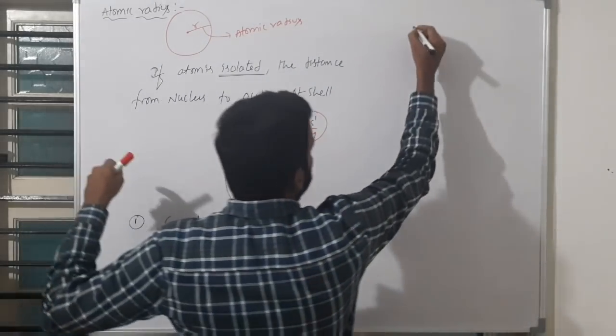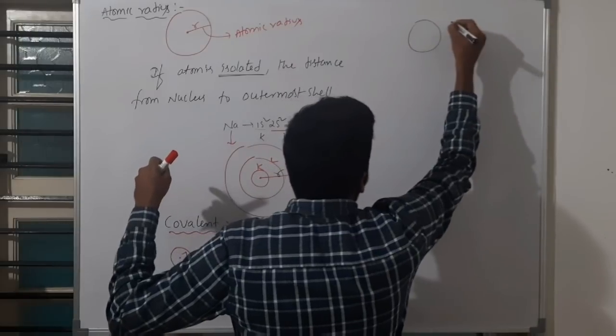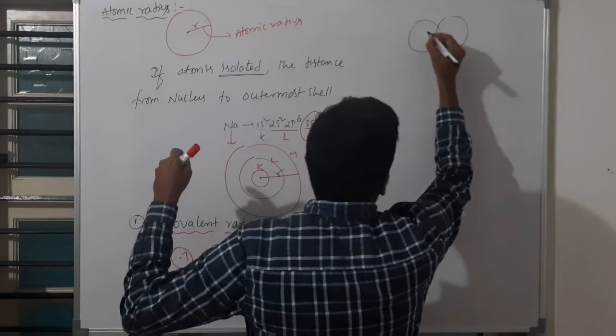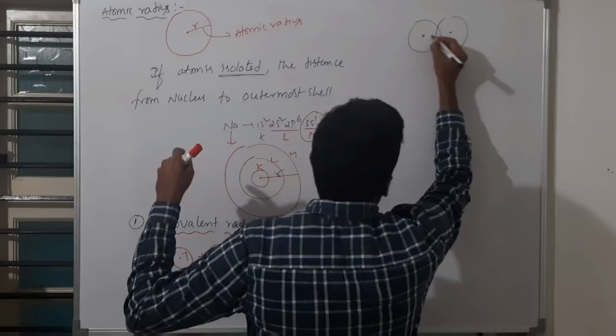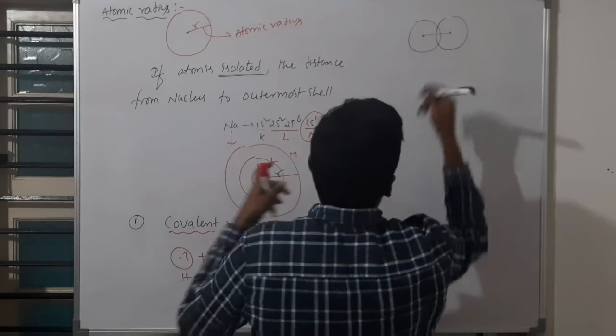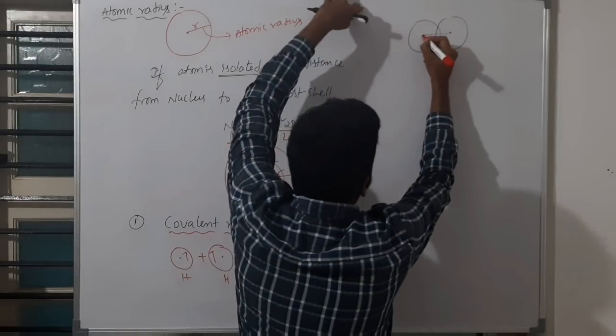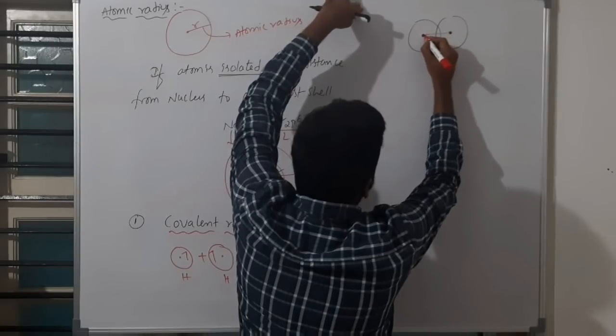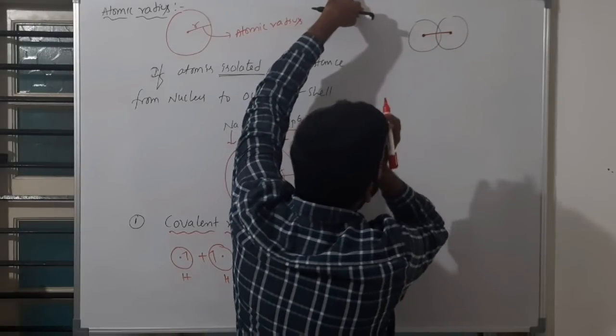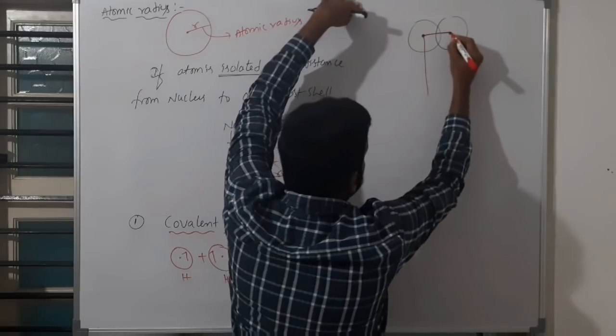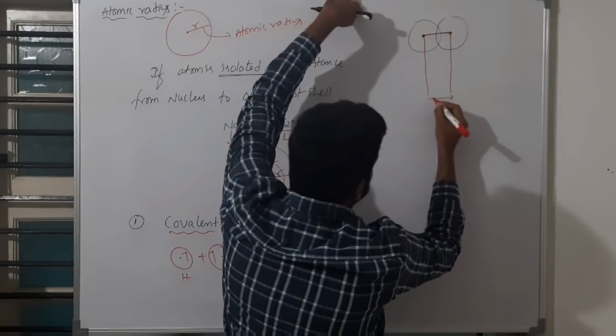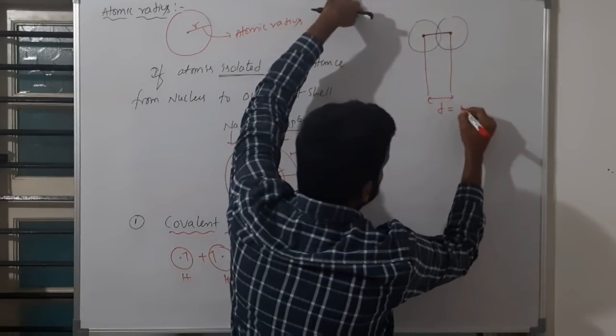So here what is covalent radius? This is one atom and this is another. So here to here is called internuclear distance. This nucleus to this nucleus is called internuclear distance. This is called D. What is D means?